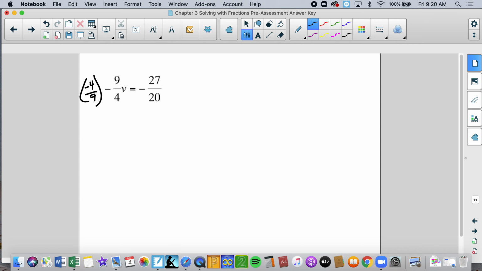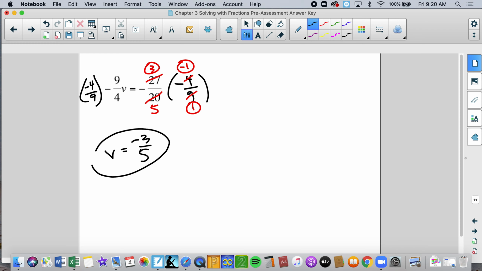The reciprocal of -9/4 is -4/9. And now we want to cross cancel. So 4 goes into 2 5 times. That gives me -1. 9 goes into 27 3 times. That becomes 1. And you're left with v equals -3/5.